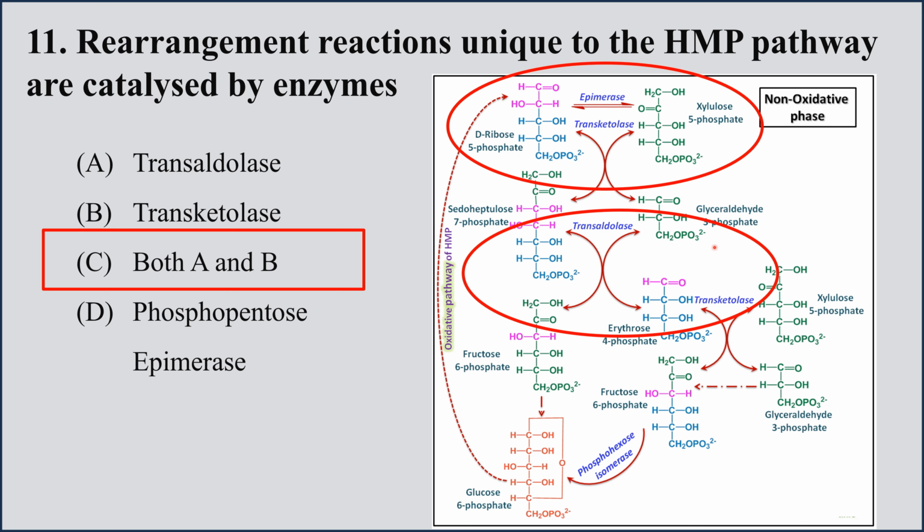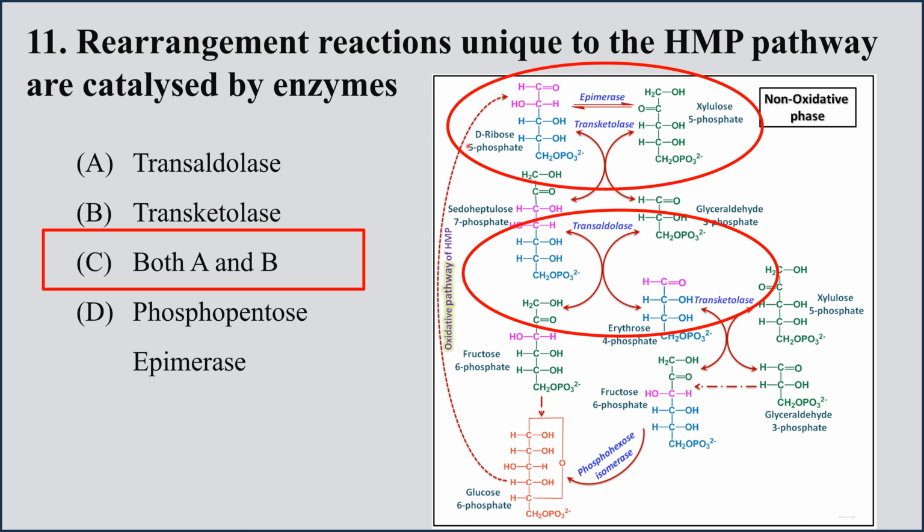Then it forms glyceraldehyde 3-phosphate and a 7-carbon molecule, sedoheptulose, and then again there is the transfer of an aldehyde group, then it forms fructose 6-phosphate, which can go to glycolysis, and erythrose 4-phosphate, which further reacts with xylulose 5-phosphate and gives rise to again fructose 6-phosphate and glyceraldehyde 3-phosphate. Both are intermediate products of glycolysis.